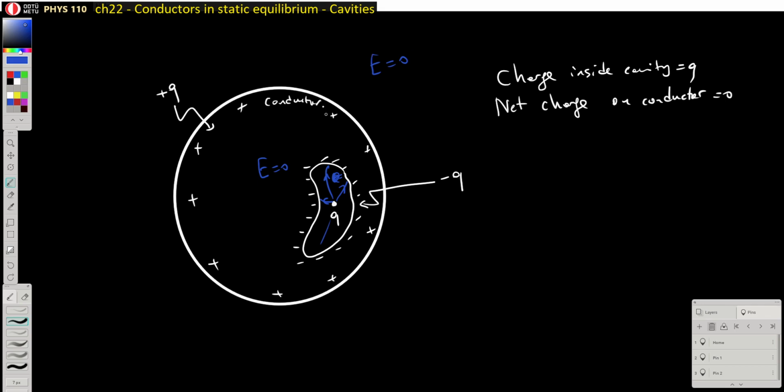So if you have a point in here or inside the conductor, I can safely neglect the point charge inside the cavity and the charges inside the cavity surface. So I can treat this problem as if this part of the problem doesn't exist. Okay, so that's important actually.